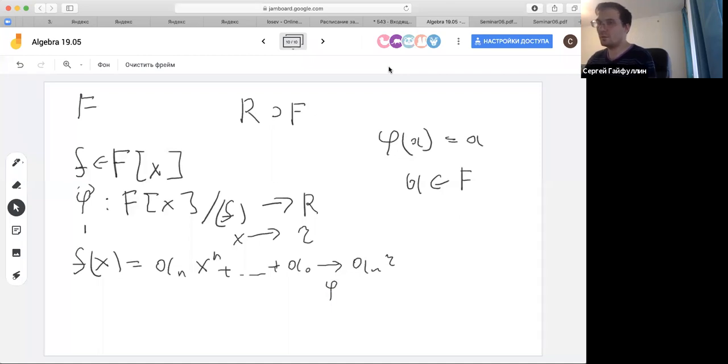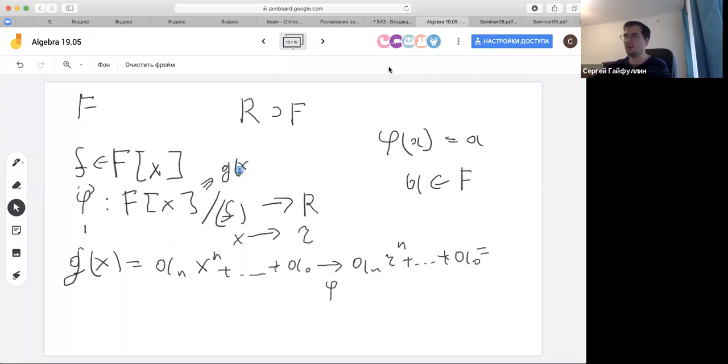I'm sorry, forgive me. Here is not f. Here is just a polynomial g. What is the element of this ring? The element of this ring is just g from x plus this ideal f.